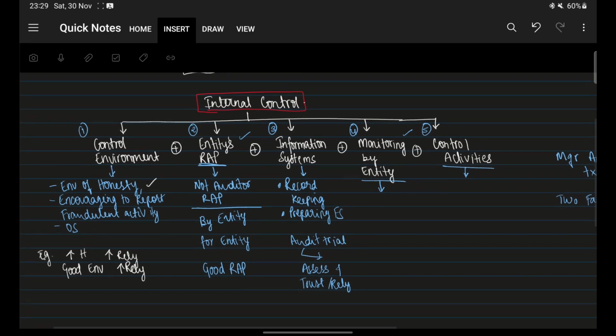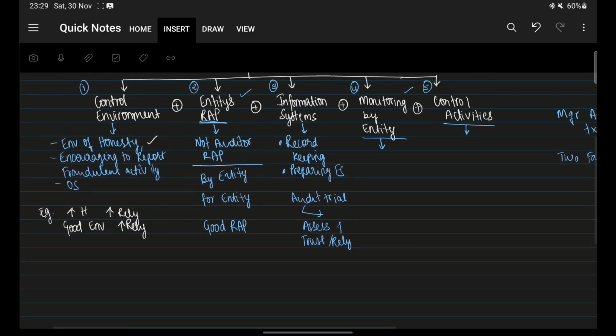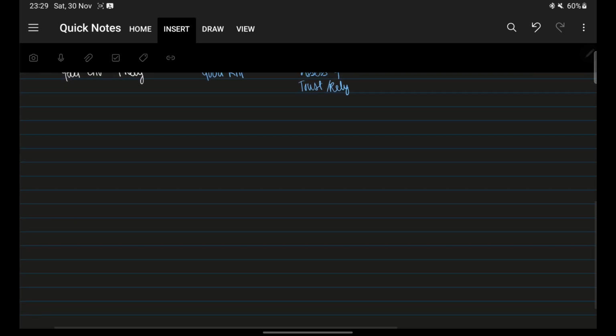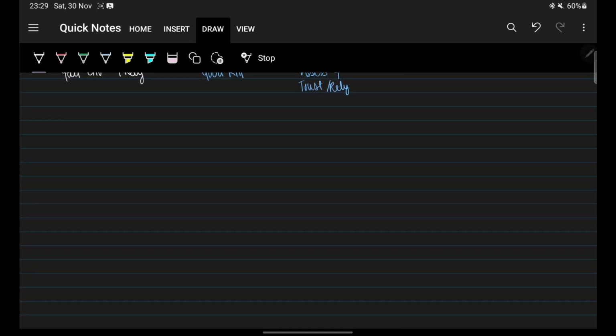Okay, so there's a short form for the components of internal control.